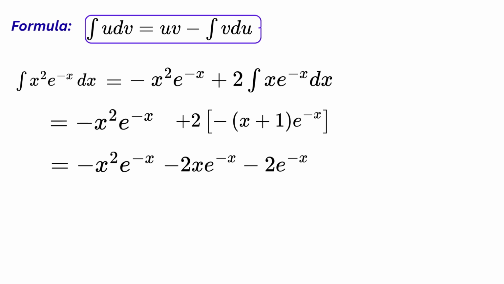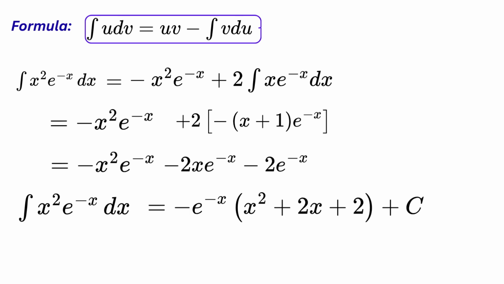Now factor out minus e to the power of minus x, and we finally obtain integral of x squared e to the power of minus x dx equals minus e to the power of minus x open parenthesis x squared plus 2x plus 2 close parenthesis plus C.